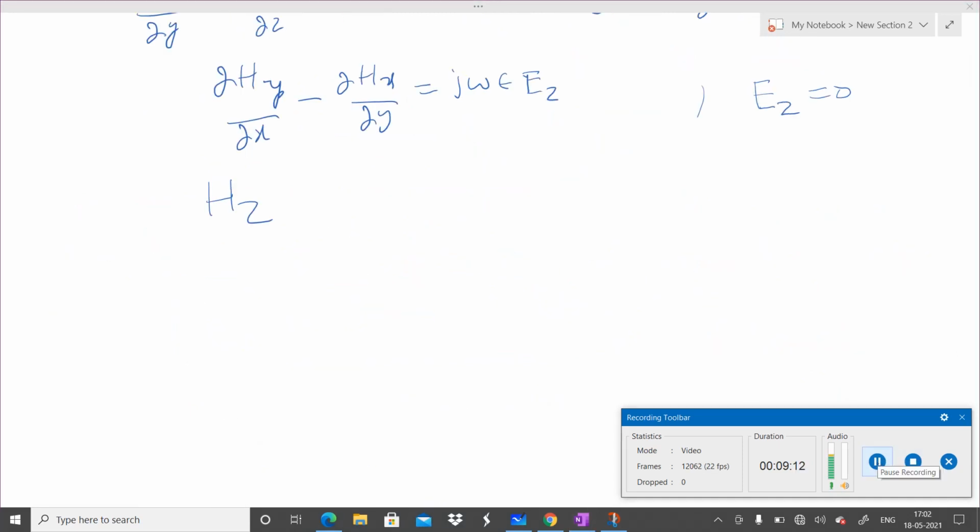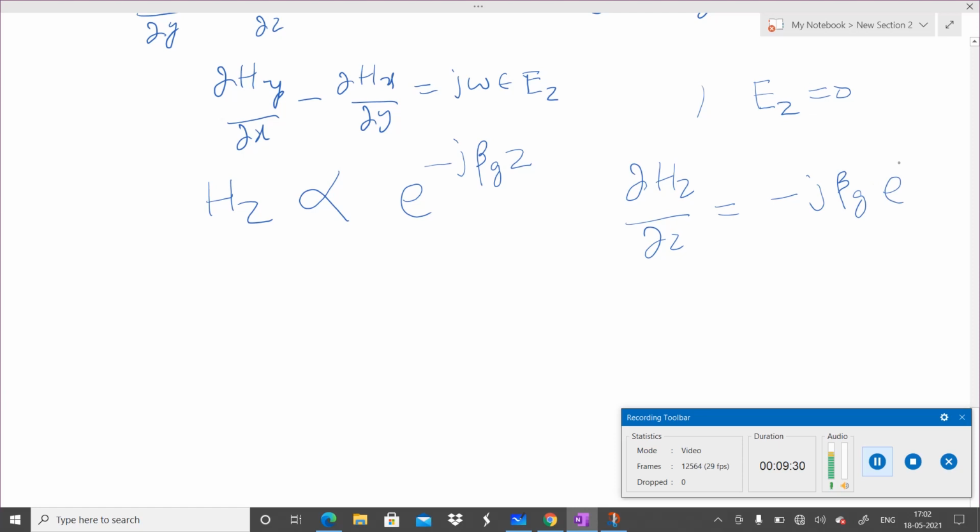Now this Hz is proportional to e to the power minus j beta g z. Whenever you differentiate Hz with respect to z, you will get minus j beta g times Hz.